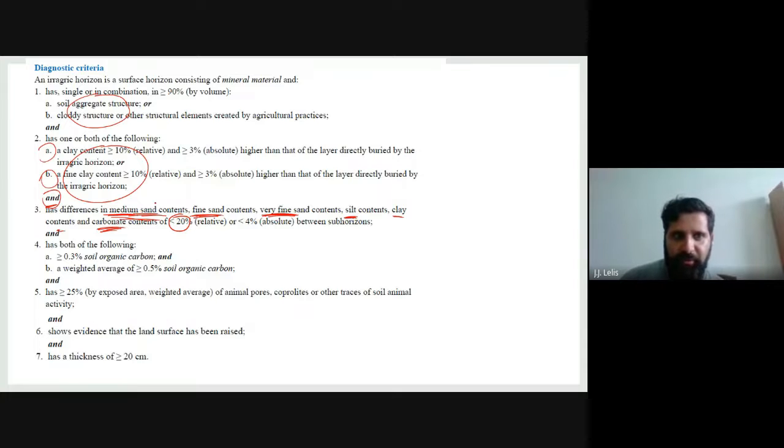So these differences should be lower than 20 and 4%. In relative terms, calculating from a ratio, and in absolute terms, calculated from a subtraction, okay?